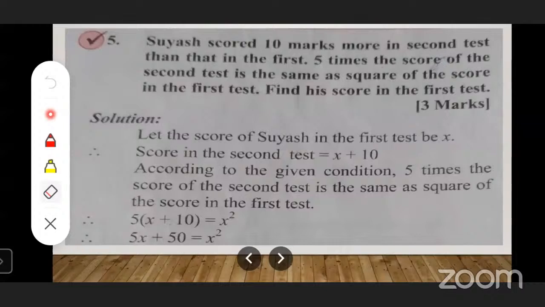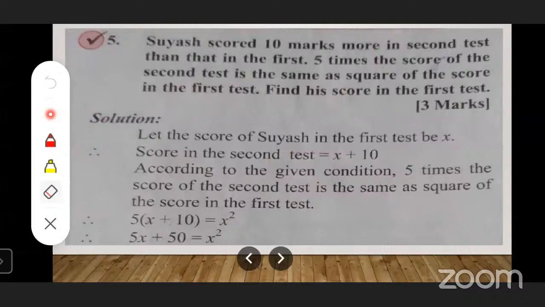And then if you read the second line, you will get the exact condition of this sum. Accordingly, you can write the quadratic equation. And when you solve this quadratic equation by any method, formula method, completing square method or factorization method, you can find the solution of this quadratic equation, and that is nothing but the score in the first test and the second test.